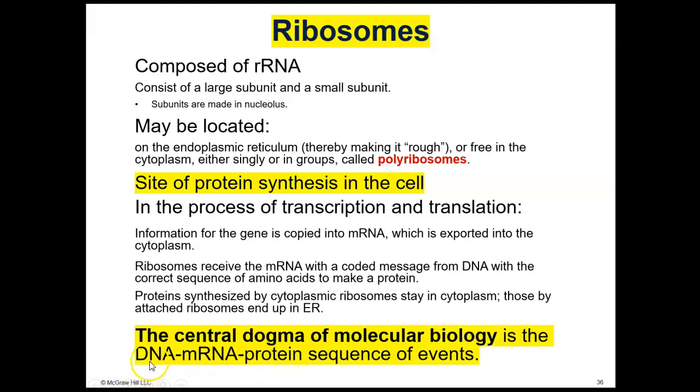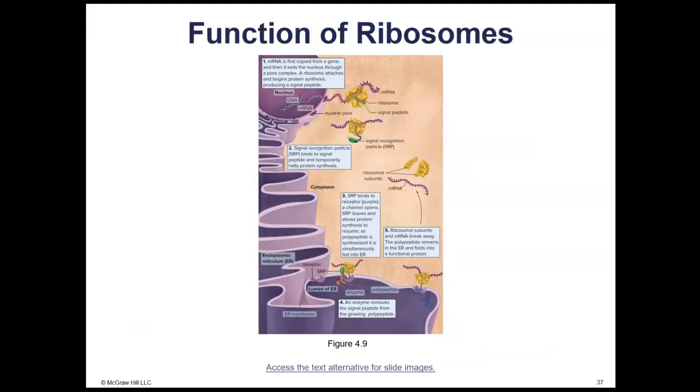It's DNA produces messenger RNA produces protein. So DNA codes for messenger RNA, then messenger RNA codes for a specific protein that's going to do a certain job. So that is the central dogma of molecular biology. And again, we'll come back to it in a later chapter. I think it's chapter 10 or chapter 11.